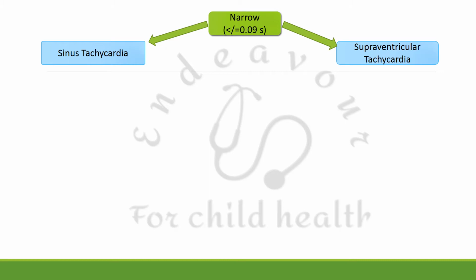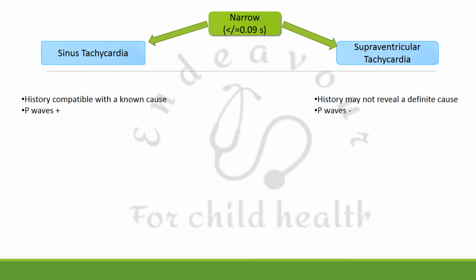A few differentiating points very important to remember, especially in clinical practice, are as follows. First, in sinus tachycardia, the history will be compatible with the known cause, while in supraventricular tachycardia, no definite history can be elicited. In sinus tachycardia, the P waves are present, while in SVT, the P waves are characteristically usually absent.